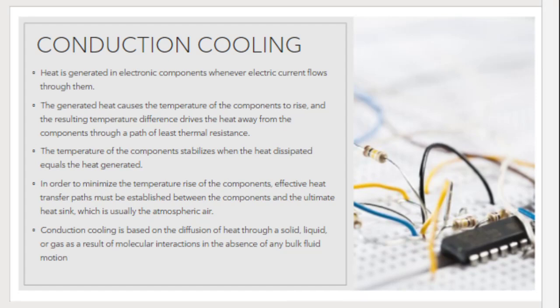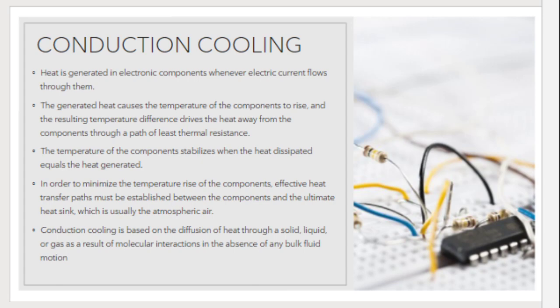Conduction cooling. Heat is generated in electronic components whenever electric current flows through them. The generated heat causes the temperature of the components to rise, and the resulting temperature difference drives the heat away from the components through a path of least thermal resistance.